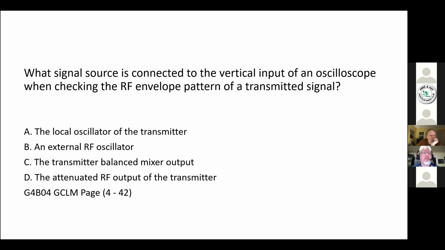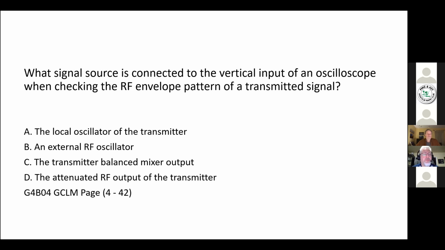What signal source is connected to the vertical input of an oscilloscope when checking the RF envelope pattern of a transmitted signal? A, the local oscillator of the transmitter. B, the external RF oscillator.